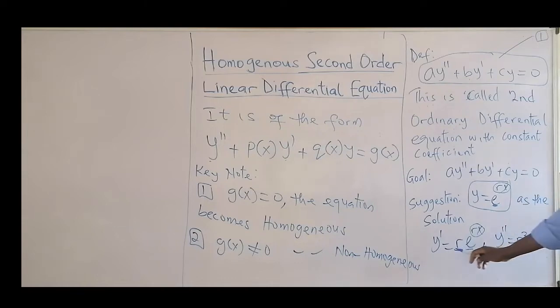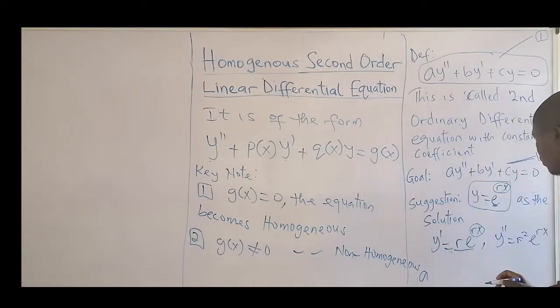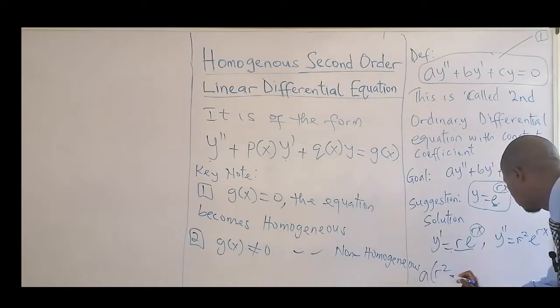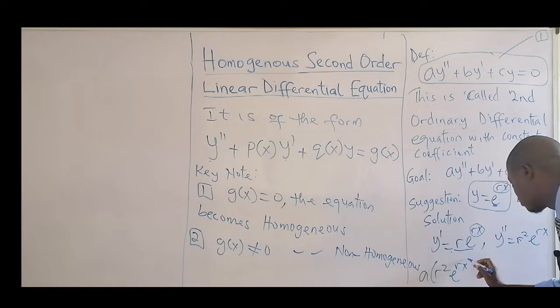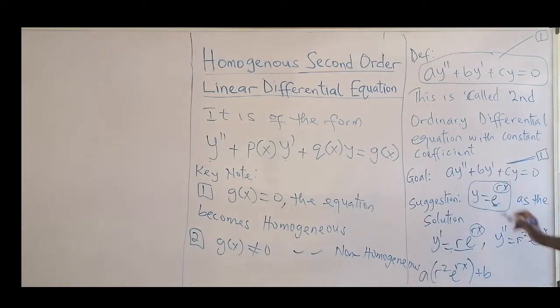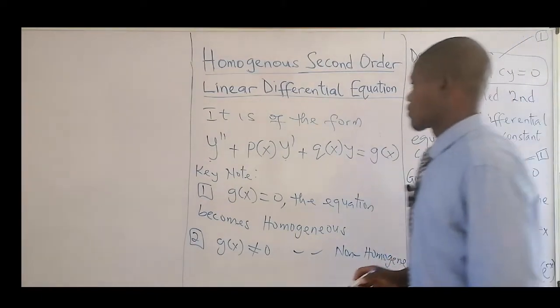Then plug y prime and y double prime into equation 1. My second differential is r squared e to the rx, plus b times the first differential, then plus c times y, which is e to the rx, equal to 0. The exponential function appears in every term, so we can factorize it out. Then we have e to the rx times a r squared plus b r plus c equal to 0.